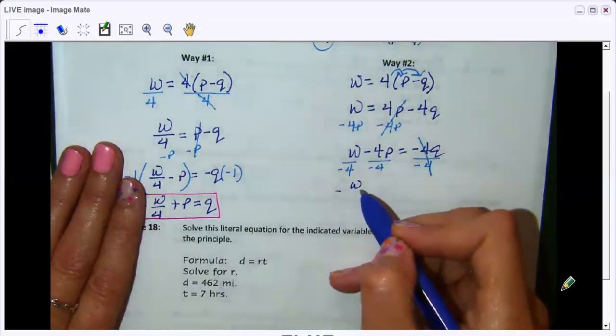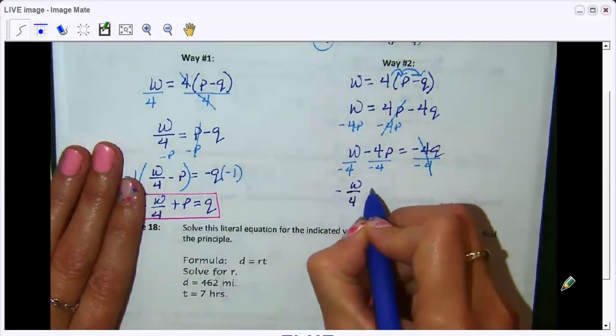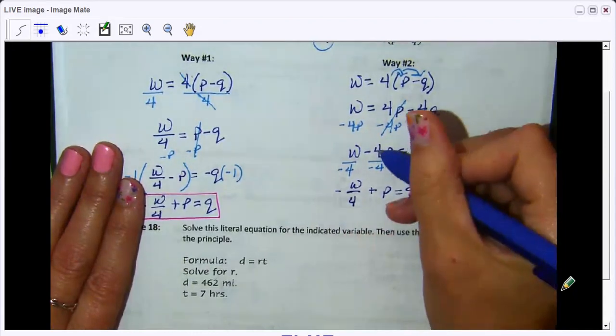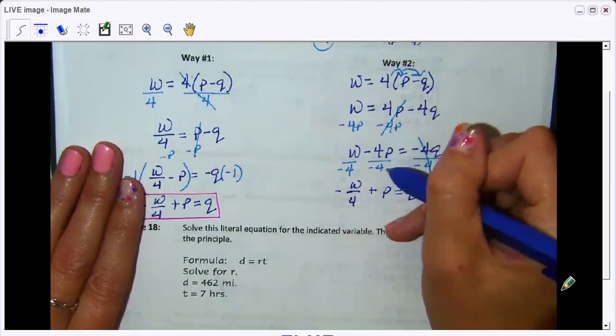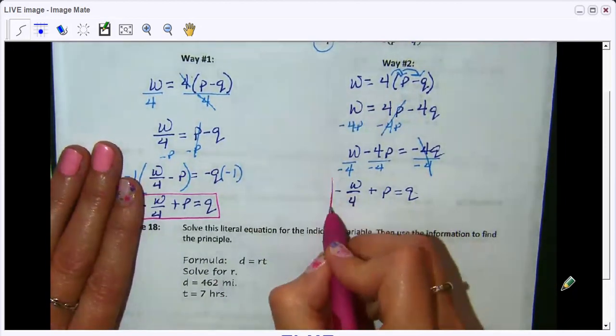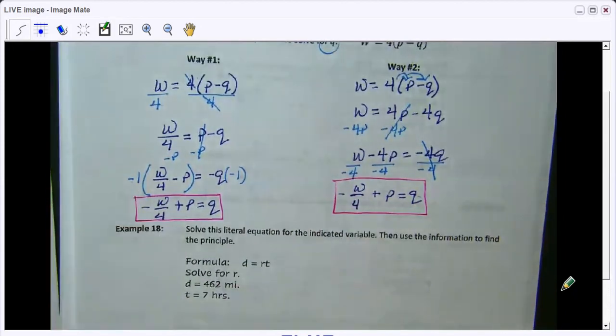So I end up with a negative W over 4 plus P equals Q, because a negative 4 divided by a negative 4 is a positive 1. So positive 1P, or just P. We get the same answer either way we do this type of problem. It's just to show you that sometimes there are multiple ways to do this.